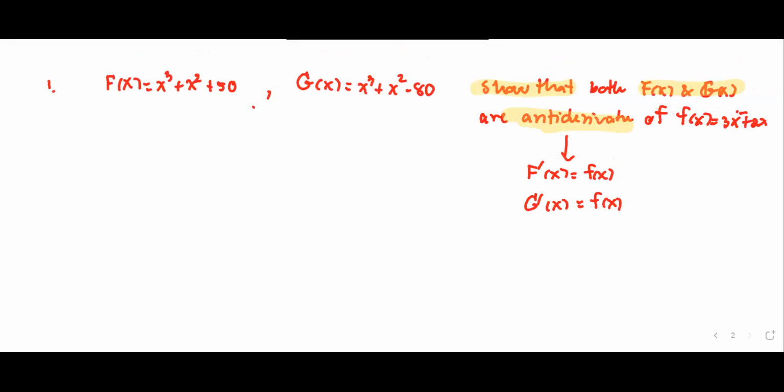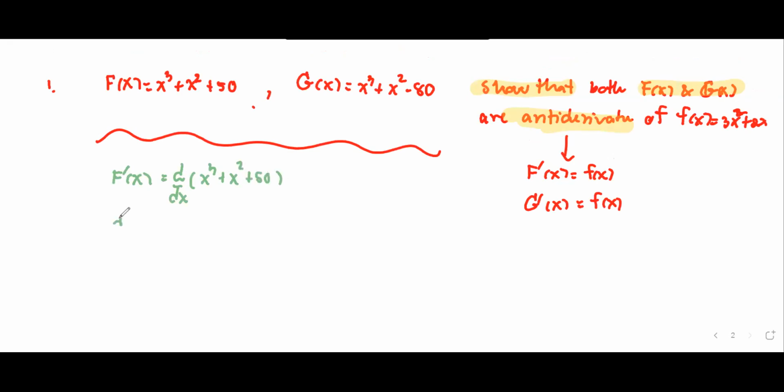And from what we have, this is 3x squared plus 2x. So to show, we just work on finding the derivative of the function F term by term, and same as the function G, or the capital G, find the derivative of it.